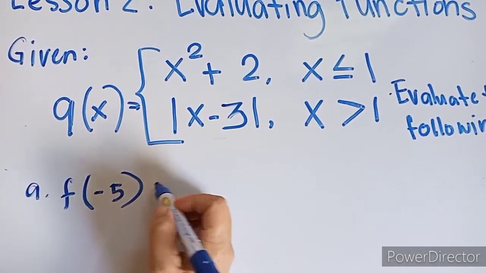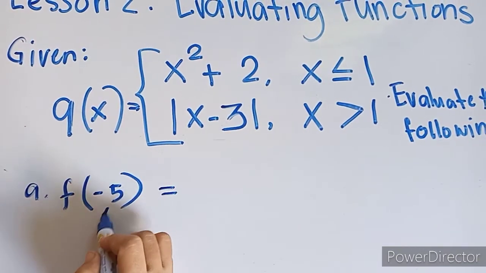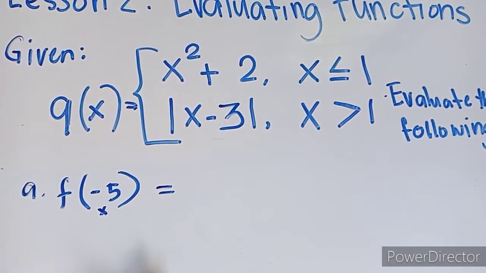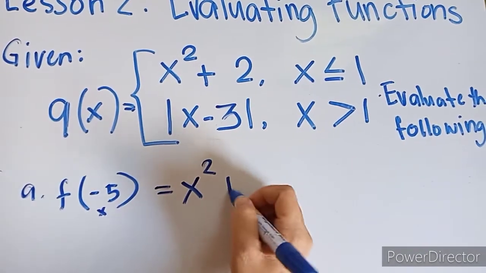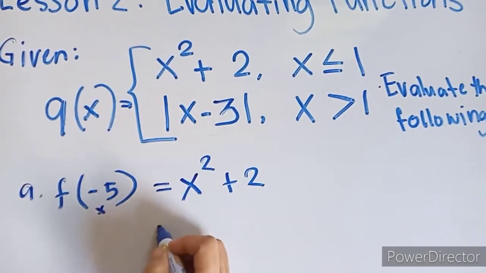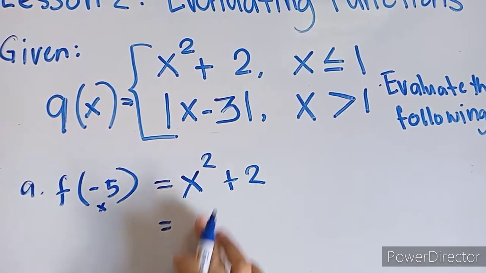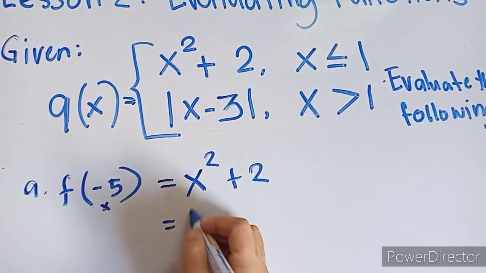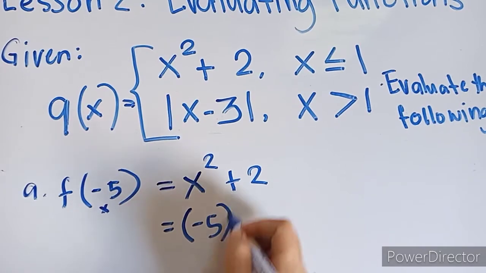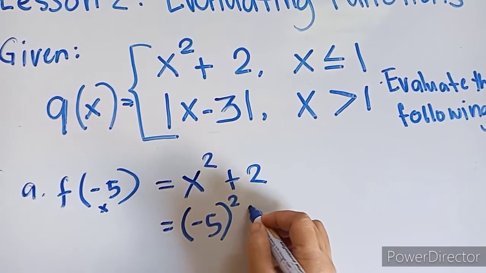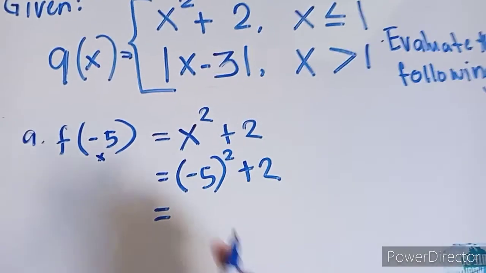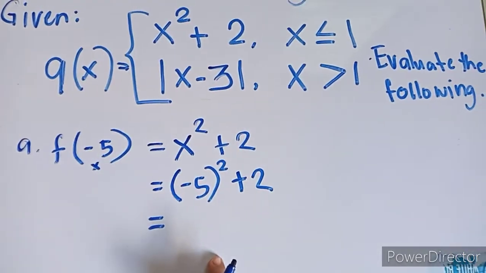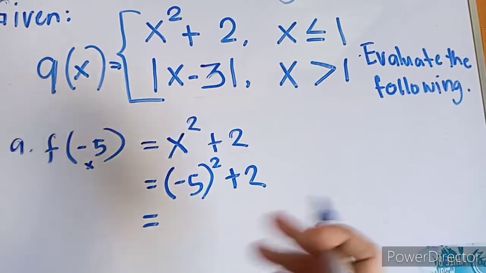Now, f of negative 5, since negative 5, this is our x value, is less than or equal to 1, so we will use the function x squared plus 2. Then replace the value of x, which is negative 5. So negative 5 raised to 2, then copy plus 2. Simplify. What is negative 5 raised to 2? That is negative 5 times negative 5.